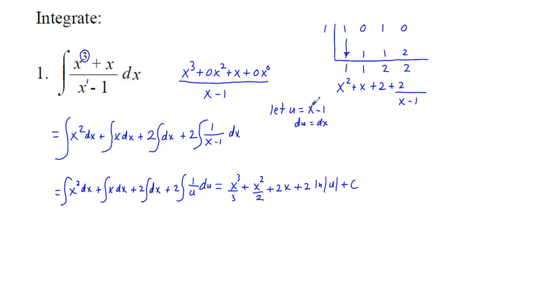The very last thing we're going to do is take this value of u and park it back in here. Our final answer is x cubed over 3 plus x squared over 2 plus 2x plus 2 times the natural logarithm of the absolute value of x minus 1 plus c. And there we have it.